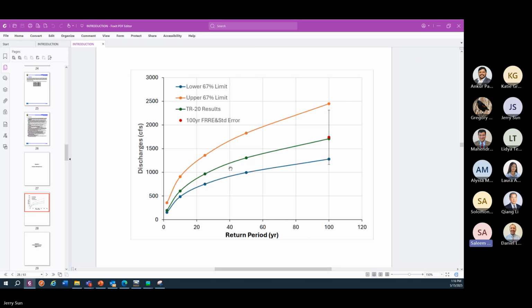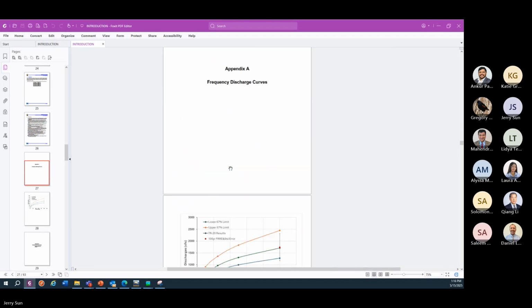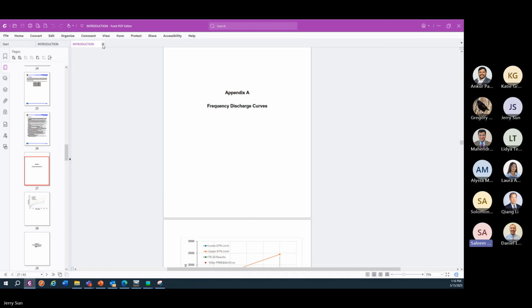There's not going to be only one number. If David Kindle wants to use the rational formula, he's going to come up with 200 CFS, and Jerry might come up with 190, and Mahendra might come up with 250 CFS using a different methodology, because there is inherent error in every equation since we're trying to simulate nature. I hope I answered your question.